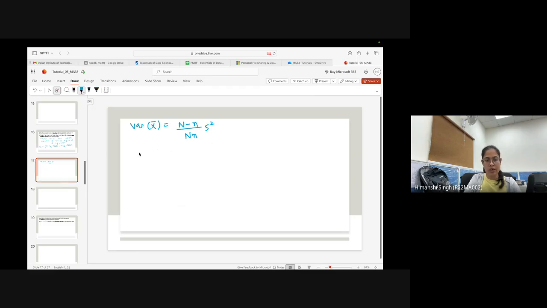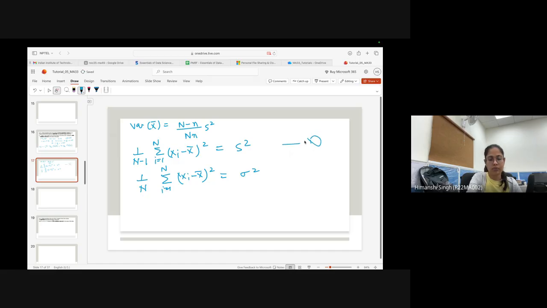But we know the relation that 1 upon capital N minus 1 summation i going from 1 to capital N of (xi minus x bar) whole square is capital S square, and 1 upon capital N summation i going from 1 to capital N of (xi minus x bar) whole square is sigma square. These two quantities we know. Okay, this is one.